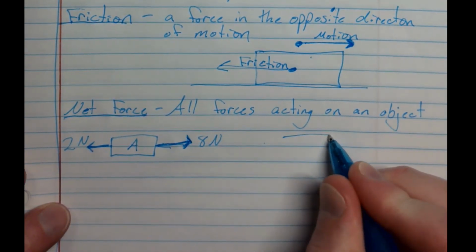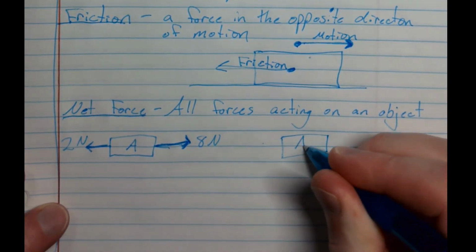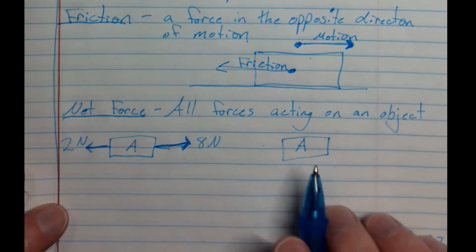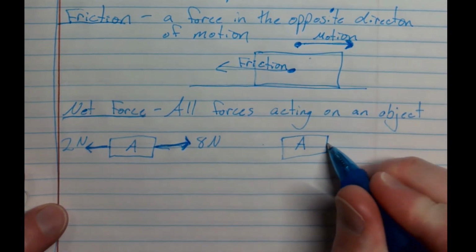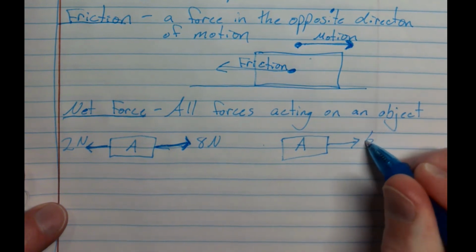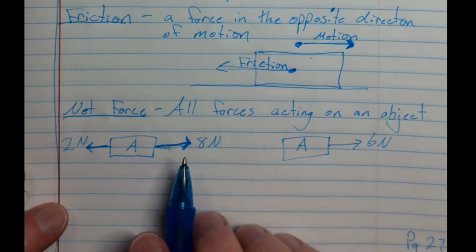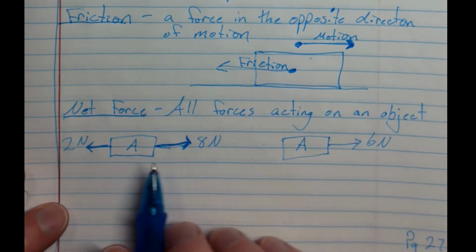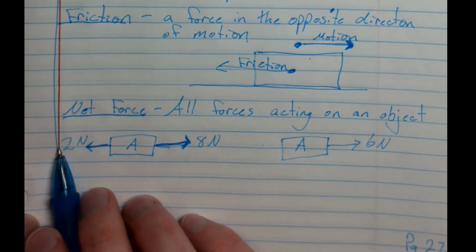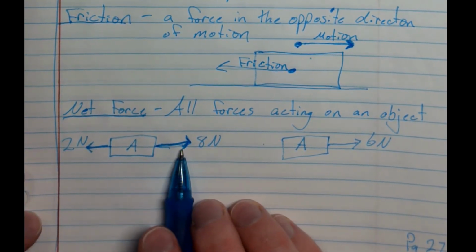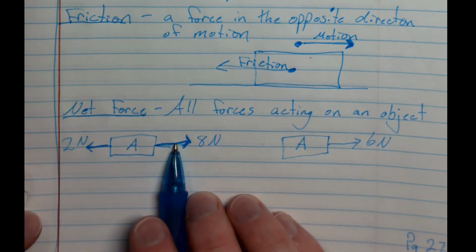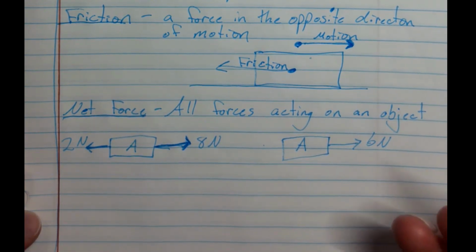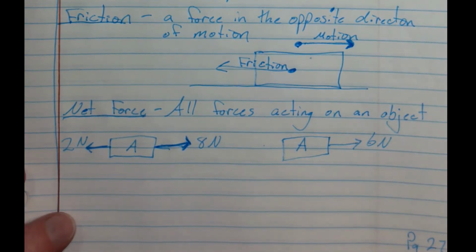So I'm going to draw another box right next to it. This is also A. My total, or my net force, is going to be 6 newtons to the right, because 8 in this direction and 2 in this direction, this one is basically subtracting from this one because it's opposite, and I'm left with 6. So it's kind of just addition or subtraction. So let's try another one.